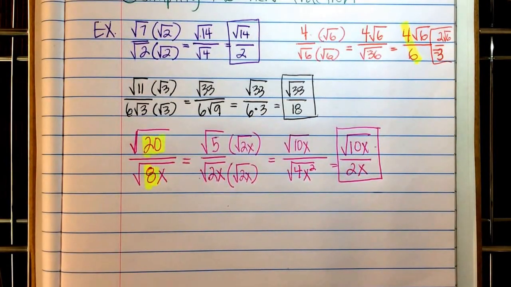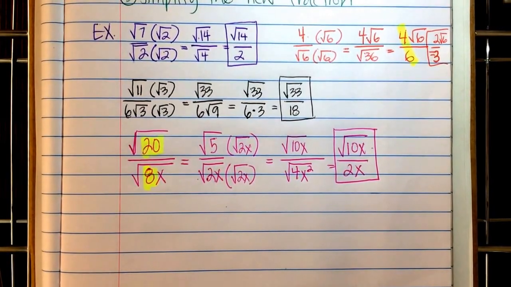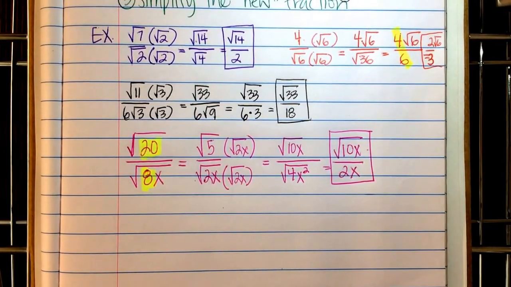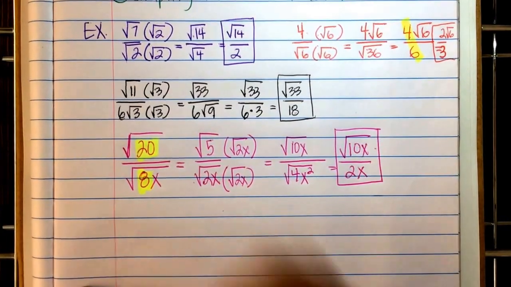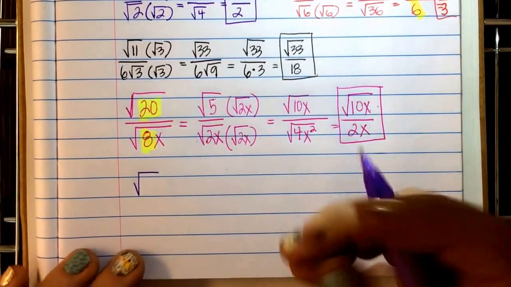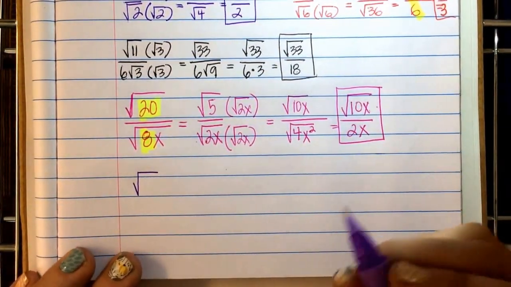What if you had a perfect square in the radical on the top? Could you still simplify it even if there wasn't a radical on the bottom? Yes, so let me come up with one.